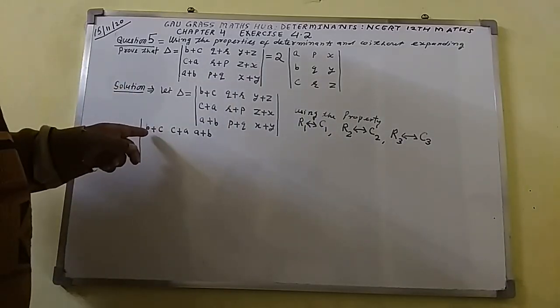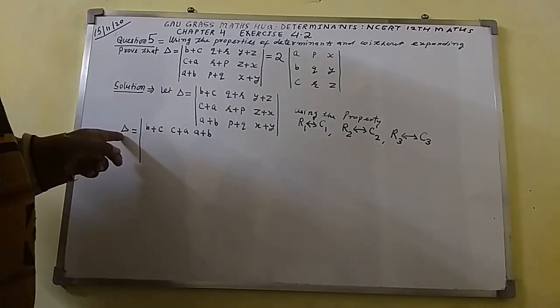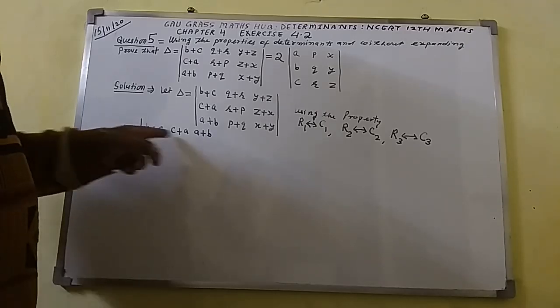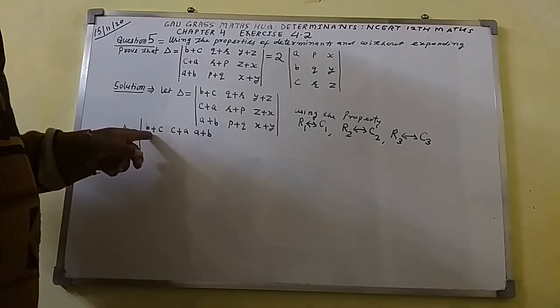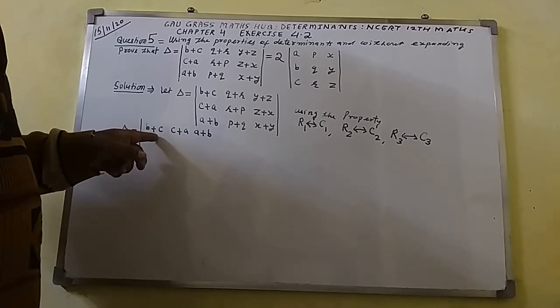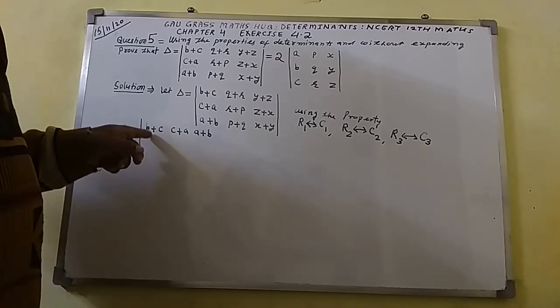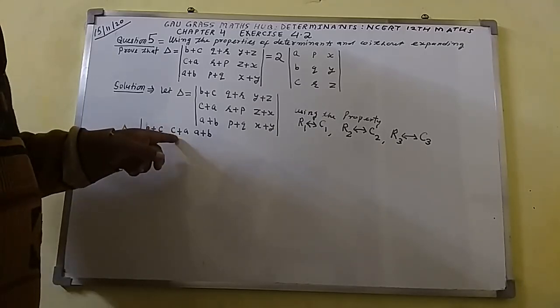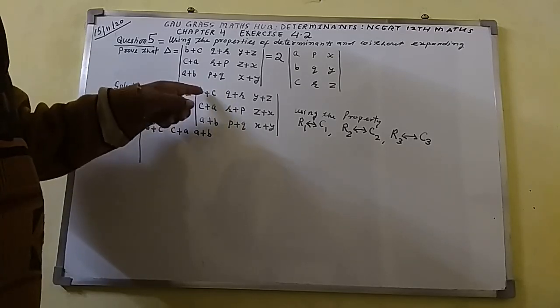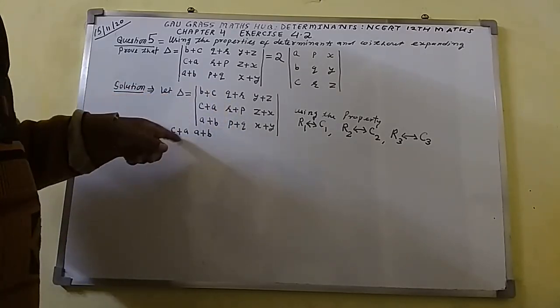So here you can see the new determinant I have formed. This is the first row. I have got the first row from C1: b plus c, c plus a, a plus b.